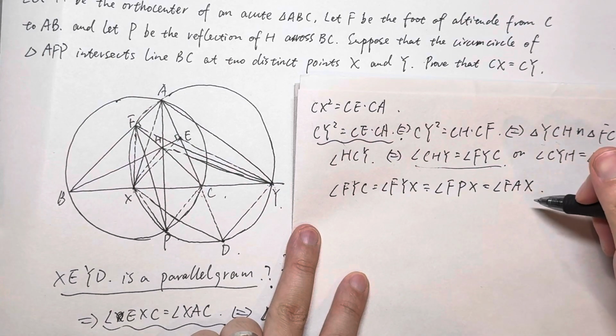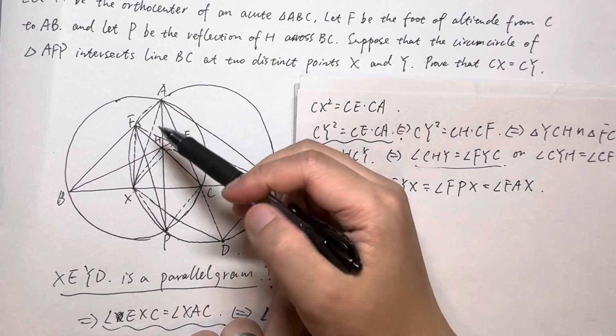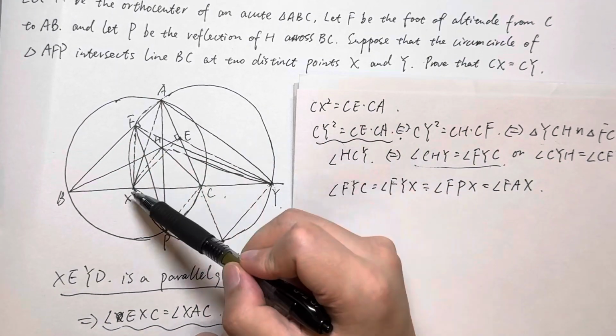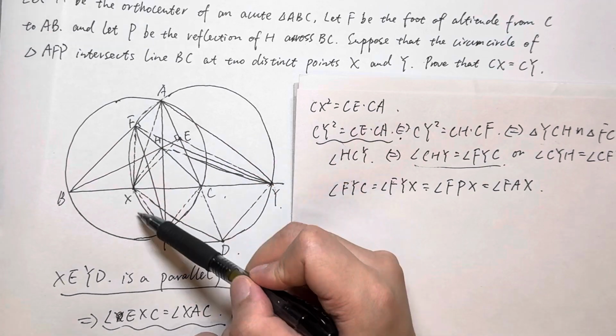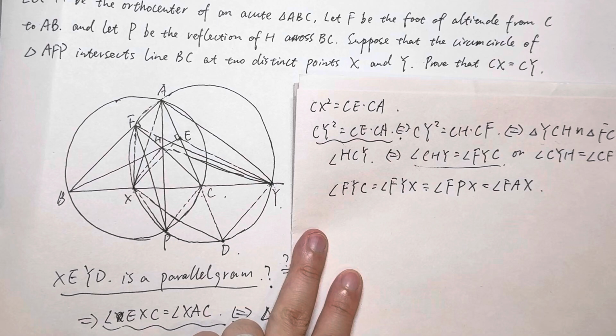We don't know which one we're going to use, but I'll just write all of them, right? The angle FYC equals angle FYX, which equals angle FPX equals angle FAX, right?